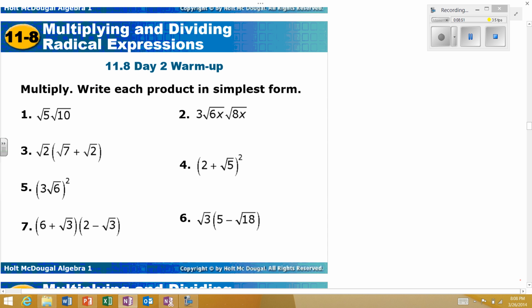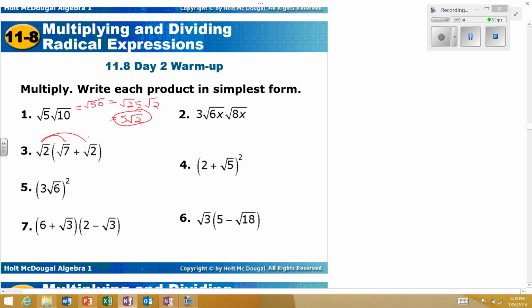Okay, so we're going to do some practice with the stuff that we did in the 11.8 day 1. So we're going to multiply these radicals together. So when I do radical 5 times radical 10, I get radical 50, which simplifies to radical 25 times radical 2. So that simplifies to 5 radical 2.